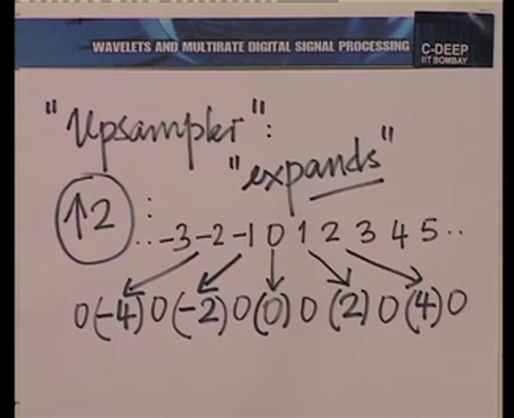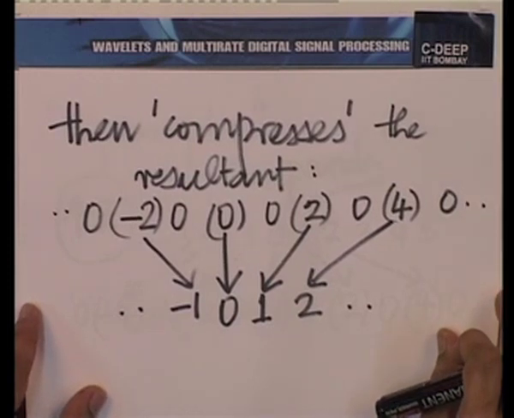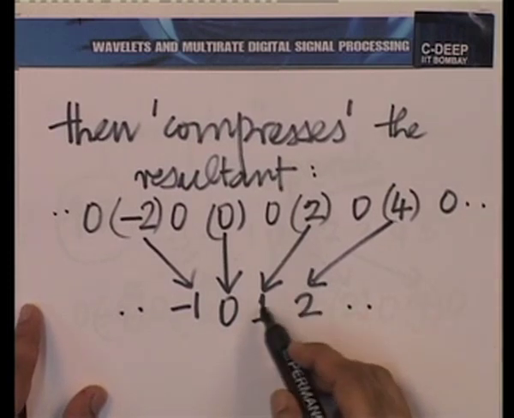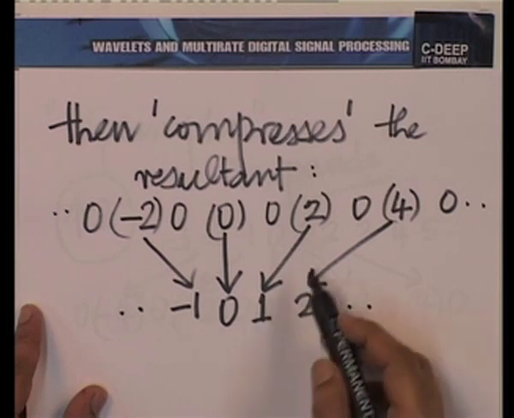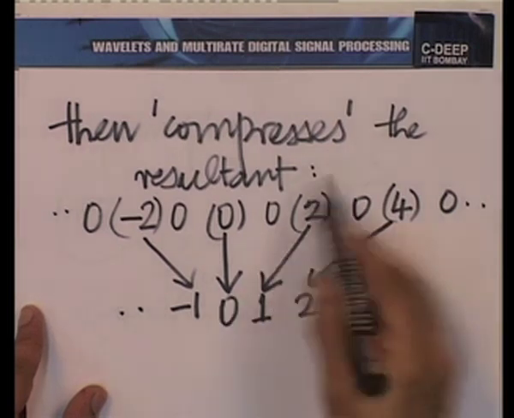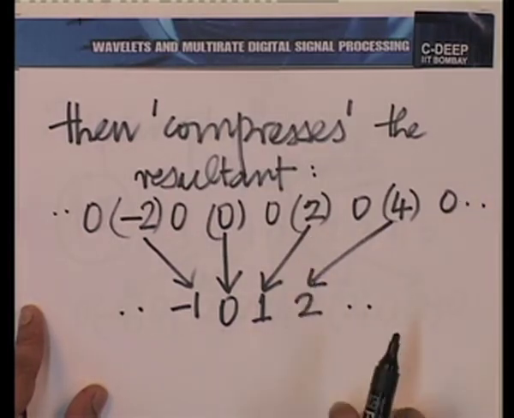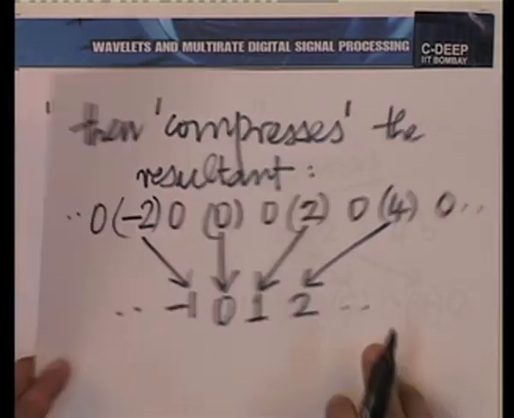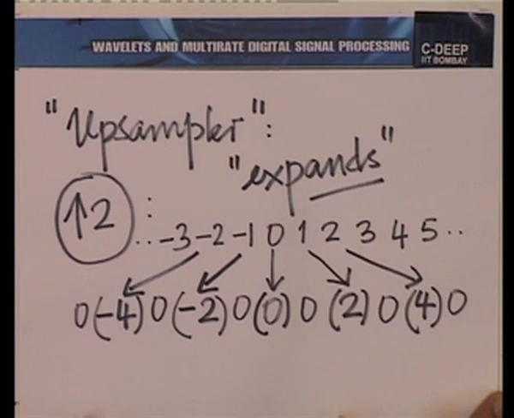So, some people like to call it an expander also, because it in some sense outdoes this last step that a downsampler does. You know, if you think about it, this last step which a downsampler does, namely compresses by removing zeros, is outdone by the upsampler. We should make a note of that, it is important.